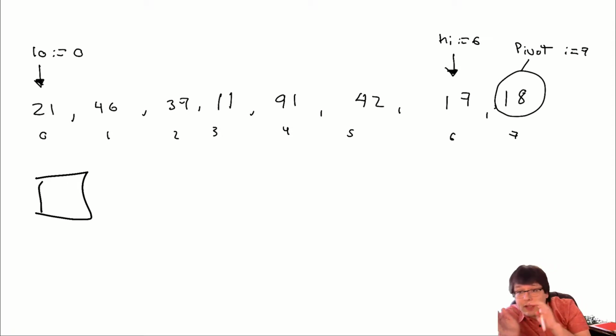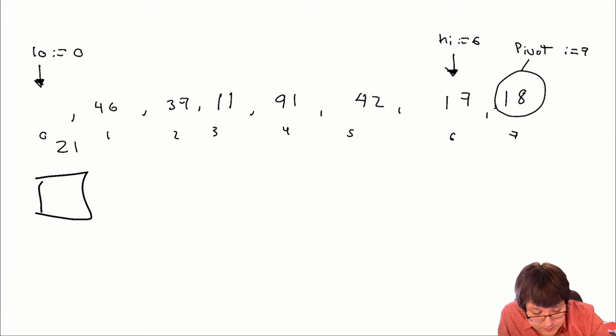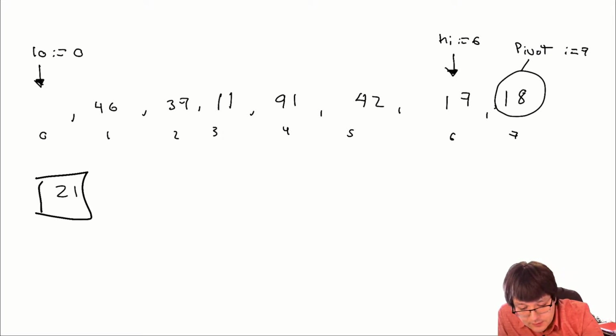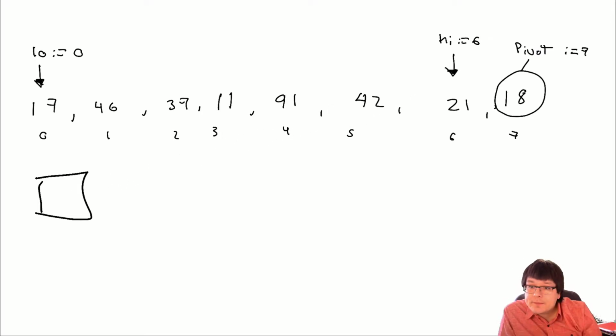So that means we look at the next number, the 42. But it turns out that here, high is smaller than the pivot. So now we have a situation where low is bigger than the pivot over here, and high is smaller than the pivot. When that scenario happens, we swap them. So I'm going to take 21, put it in my temp, take 17, swap it here, and then do that.